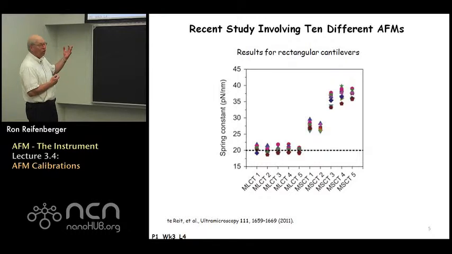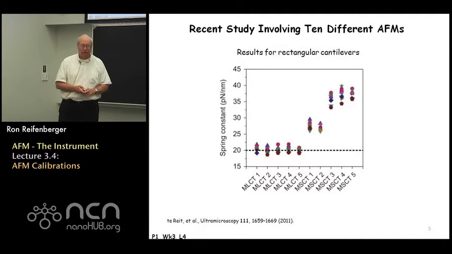So I think it's really hard to obtain a cantilever with a known spring constant to better than about plus or minus 10%. I think that's the conclusion that you have to draw from this particular study. And if you're interested in more of the details, please look up the reference that I give here.